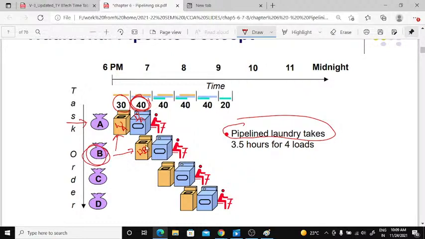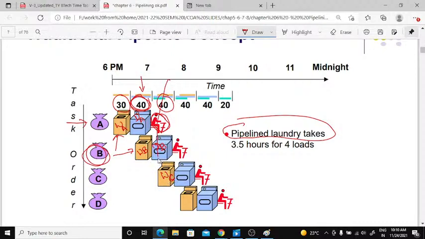Okay, so during this particular time both these resources are utilized, and next during this particular time, the A load is in the folding stage because this operation is completed. Then the B load will be in the drying machine, and now the washing machine is available, so here the load C will come.